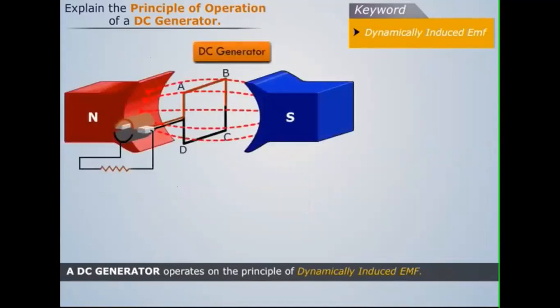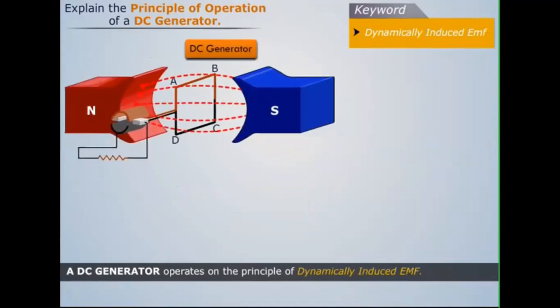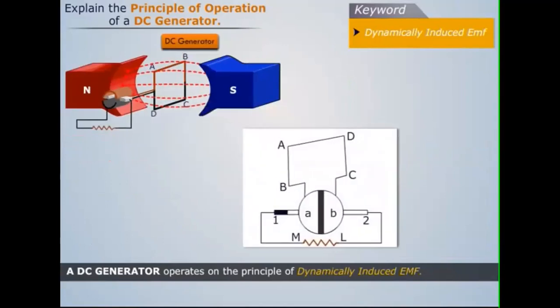We see that brush 1 is in contact with segment A, which acts as the positive end of supply, and brush 2 is in contact with segment B, which acts as the negative end of supply. Therefore, the direction of current in the load resistance is from M to L.